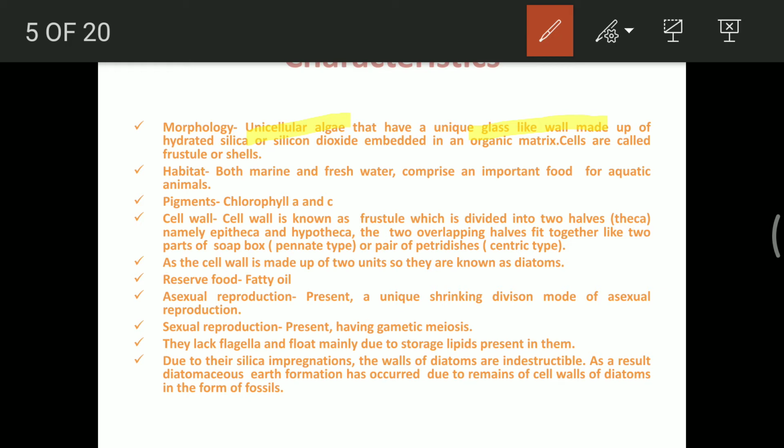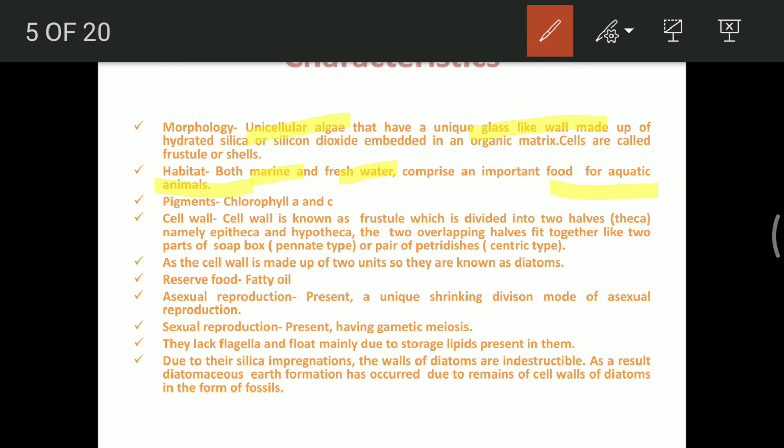The habitat is mostly marine. Sometimes they are even found in fresh water. Basically, they are consumed by most of the aquatic animals as their food, and they add a lot of value to their food.